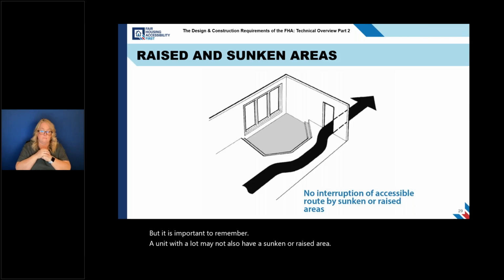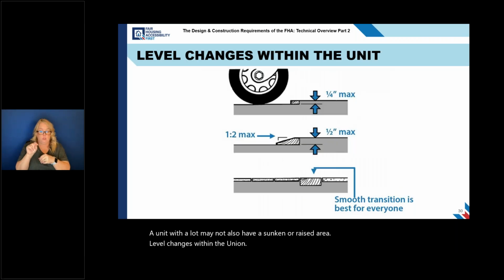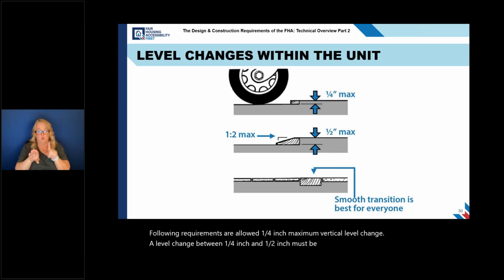Level changes within the unit. Small level changes within dwelling units that meet the following requirements are allowed: a 1/4 inch maximum vertical level change, a level change between a 1/4 inch and a 1/2 inch must be beveled at 1 to 2 or less.